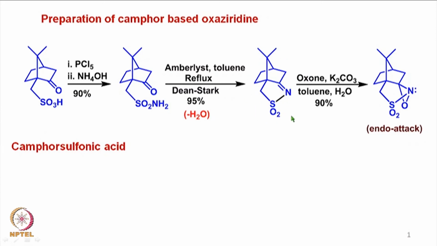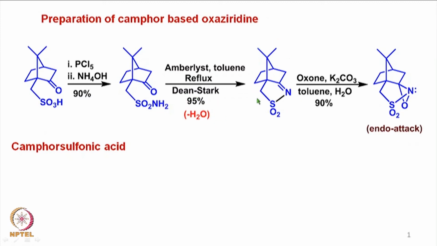But this intermediate under this Amberlyst catalyst condition can get protonated and further hydrolyzed and go back to the starting material, or even it can go back to the sulfonic acid, and therefore water has to be continuously removed by the use of this Dean-Stark apparatus.